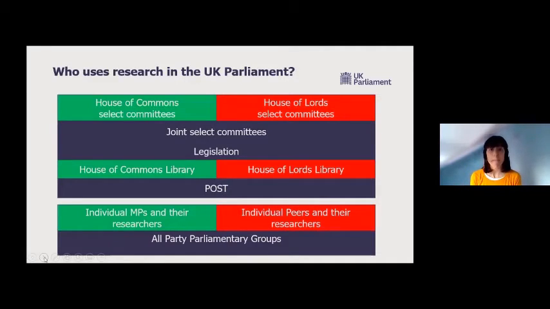Researchers for MPs are members of staff who work for that MP and support them to do their parliamentary work. Individual peers and their researchers, again, members of staff who work for those members of the House of Lords. And all-party parliamentary groups, or APPGs. And I'm going to tell you about those later in the session as well.